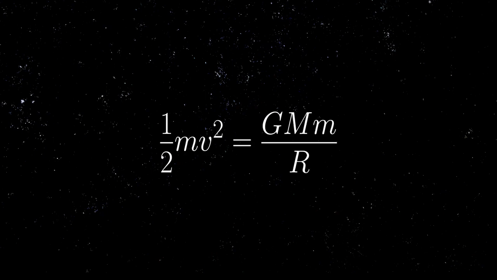If the particle starts with zero velocity somewhere infinitely far from the black hole, much of the gravitational potential energy will turn into kinetic energy, in which case we set kinetic energy, 1/2 mv squared, equal to the gravitational potential energy, G big M little m divided by r. Since the mass M of a black hole can be large and the radius can be minuscule, even the tiniest particles can be accelerated to incredible speeds.